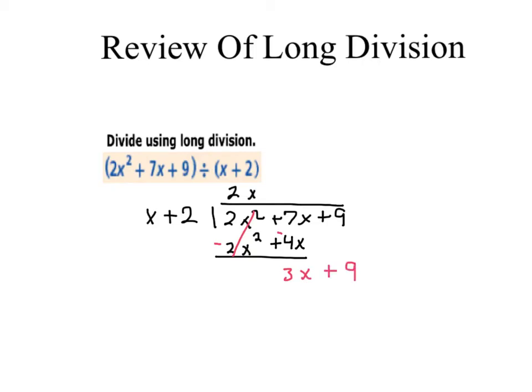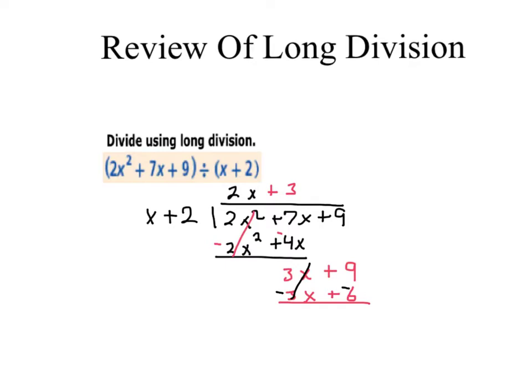Then we ask ourselves, what times x gives us 3x? Well, that would be plus 3. 3 times x is 3x. 3 times 2 is 6. Okay, then again we're going to change the signs and add.